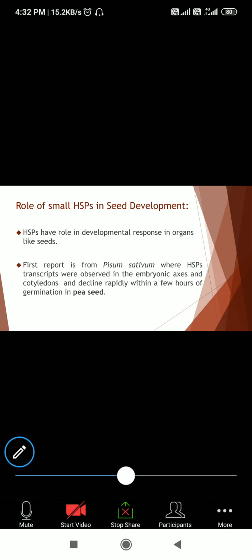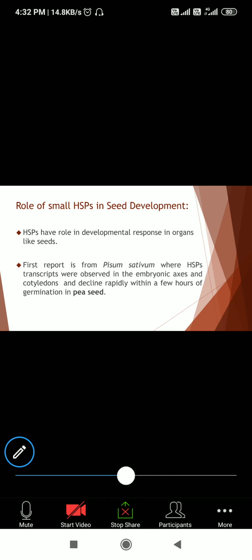And this HSP declines when the seed starts to germinate. Before the seed germinates, there is a higher amount of HSP in the cell. As soon as the seed starts to imbibe water, imbibition, there are processes which allow the seed to germinate.